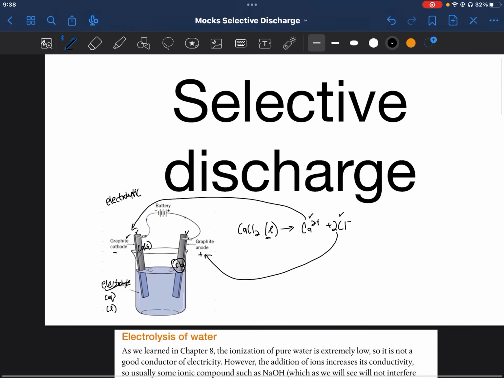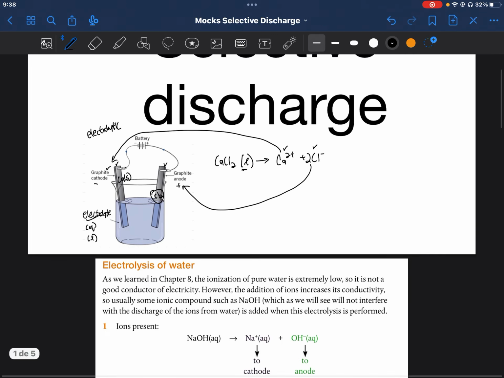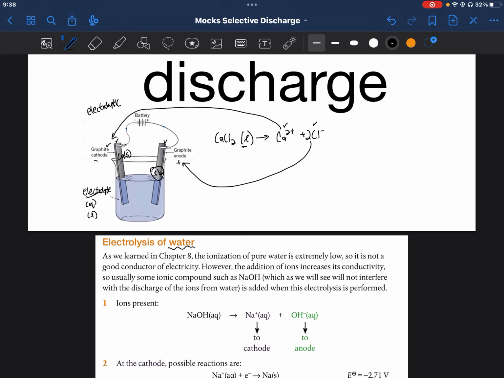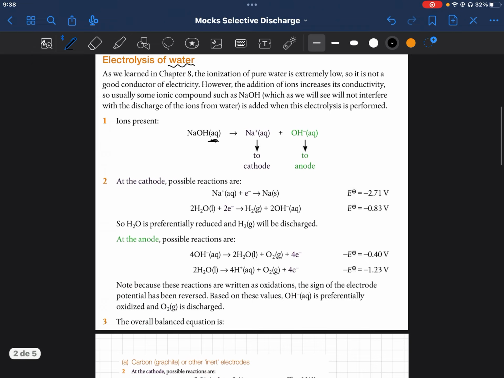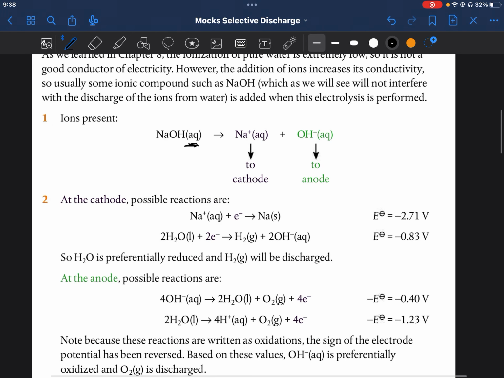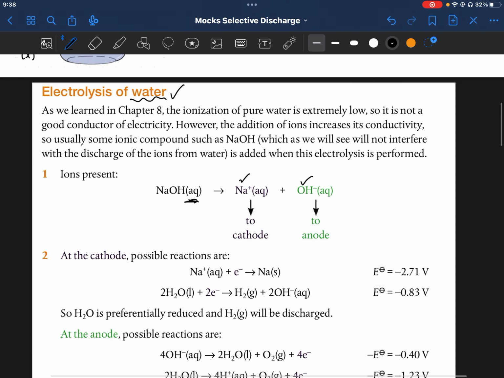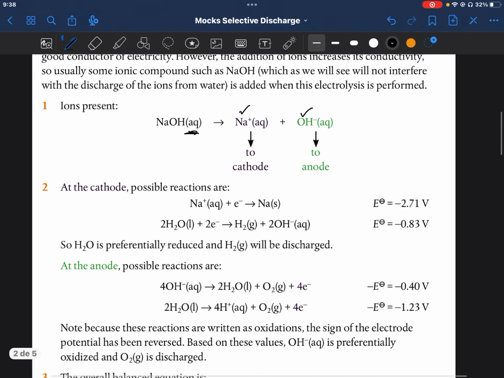All right, easy peasy. Selective discharge comes into play when I add in water, when I have an aqueous situation. So for example, if I had NaOH aqueous, well, I have the ions from NaOH that could reduce and oxidize. I also have water that could reduce and oxidize. So I have to decide which is going to be better.